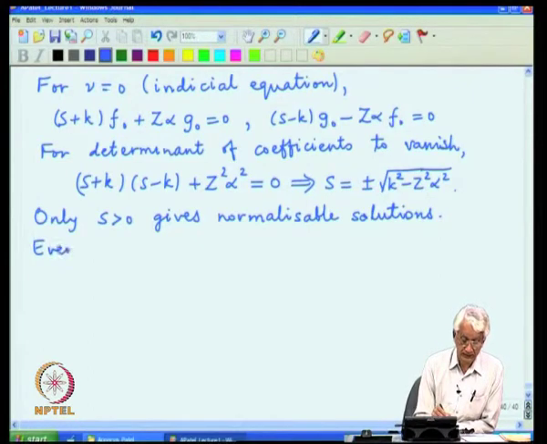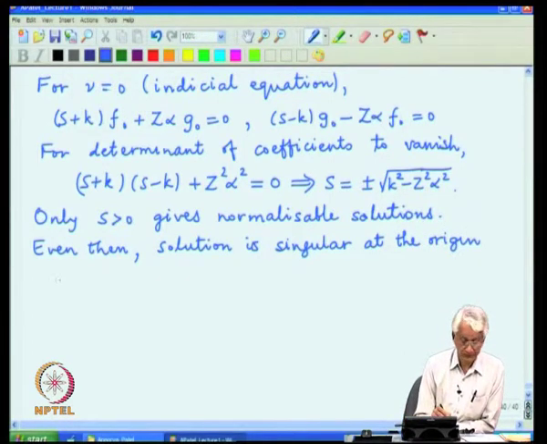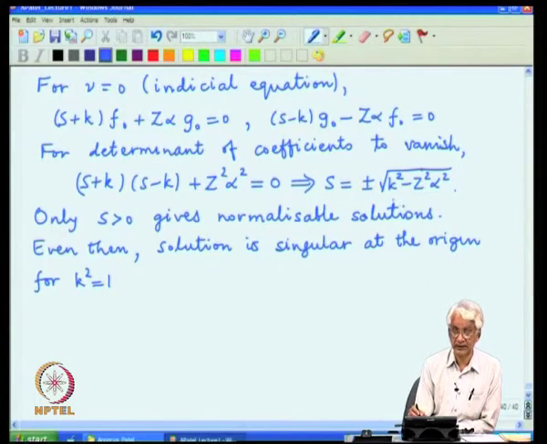Even then, the solution is singular at the origin when k square is equal to 1, and that comes from the fact that in defining the wave function we had written psi equal to 1 over r times f or g as the components, and that 1 over r gives a negative power which is larger than the positive power coming in here because of the subtraction of z square alpha square.